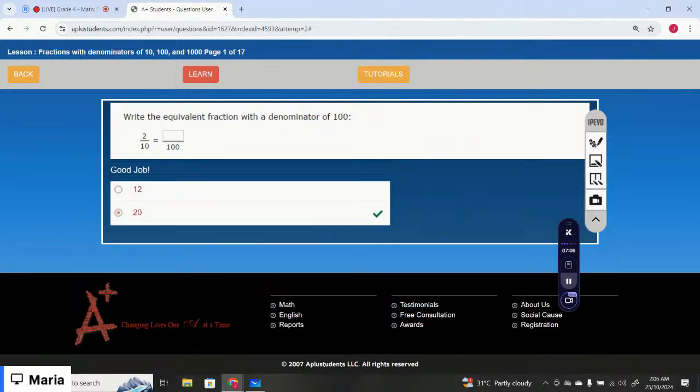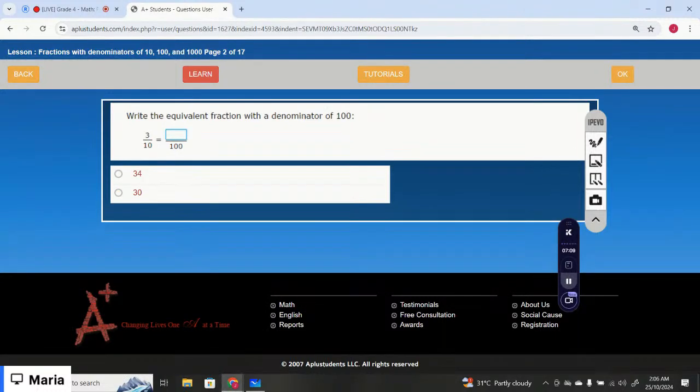Okay, the next one is 3 over 10 equals the missing number over 100.